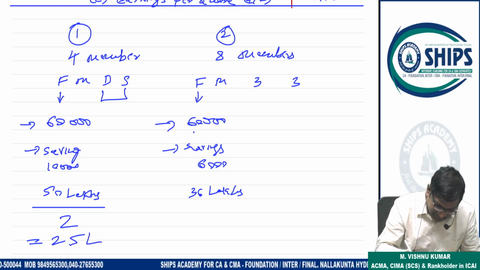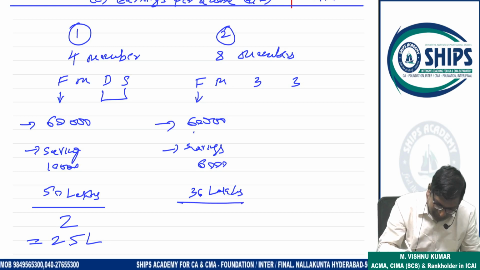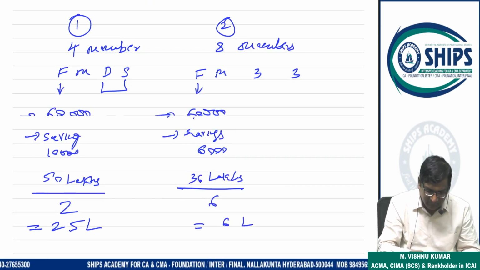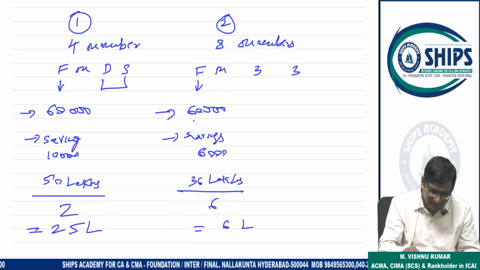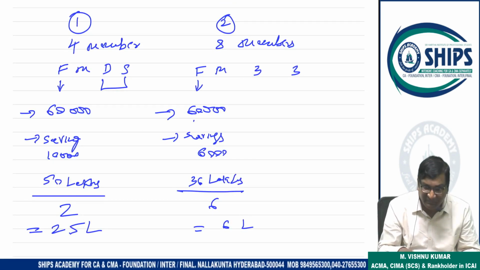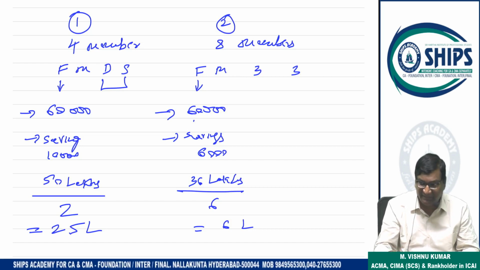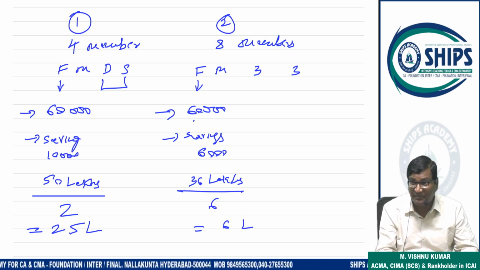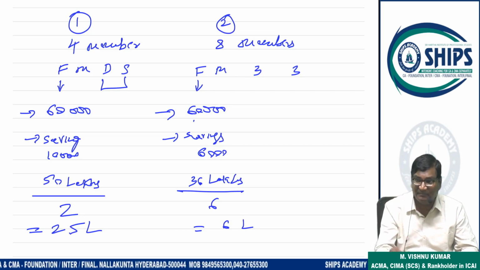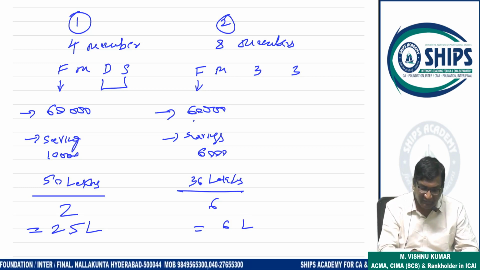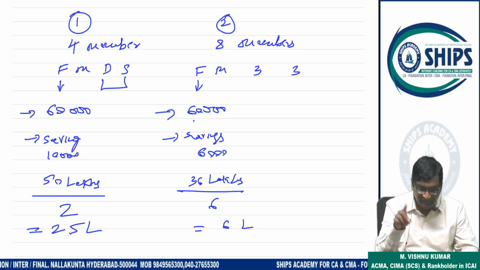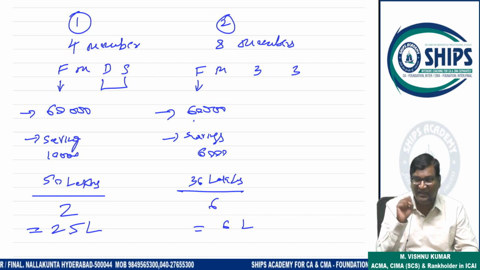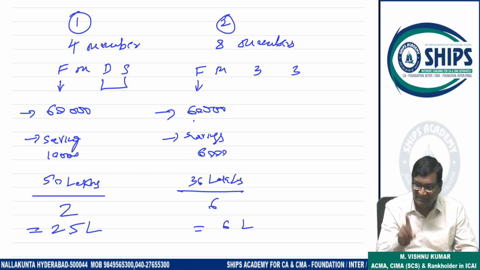Here 36 lakhs divided by 6. Which family's children will be satisfied and happy? The first one, because here per member savings coming is 25 lakh. Here per member 6 lakh.